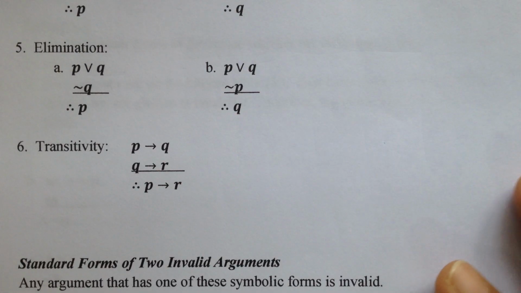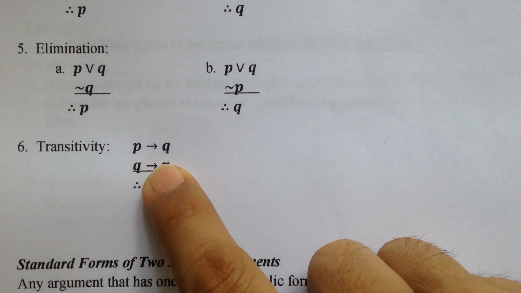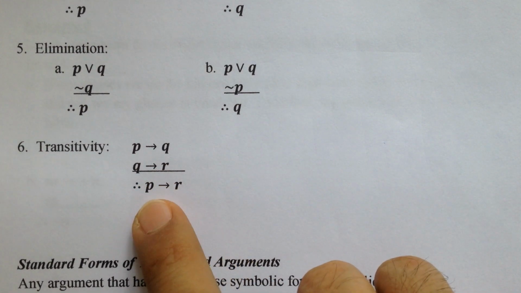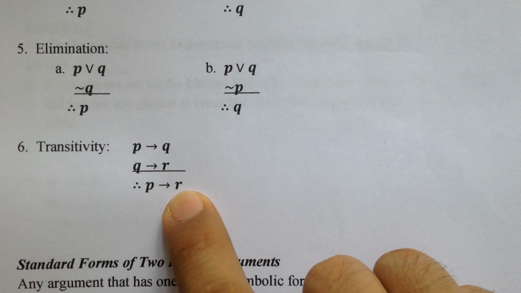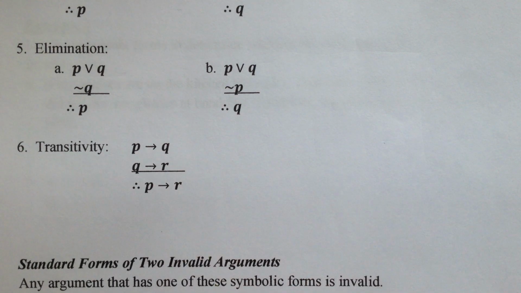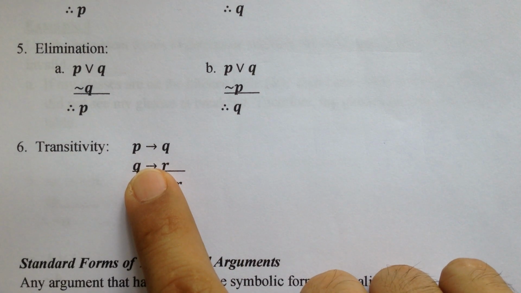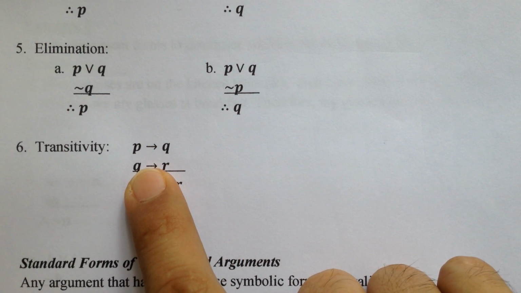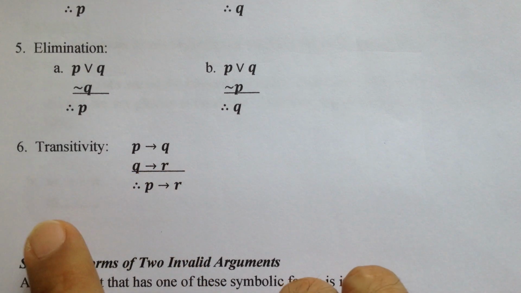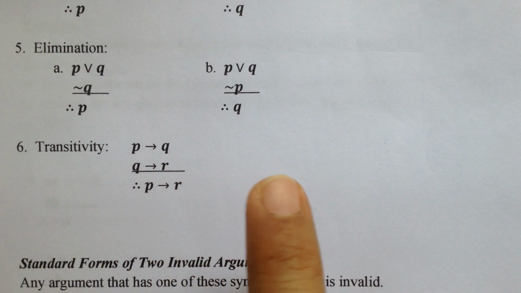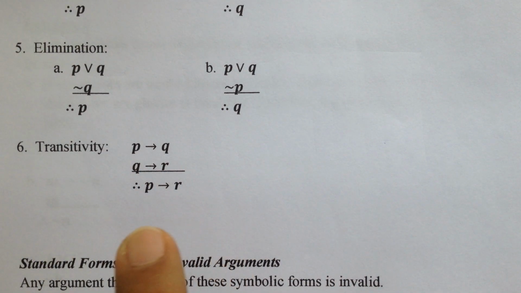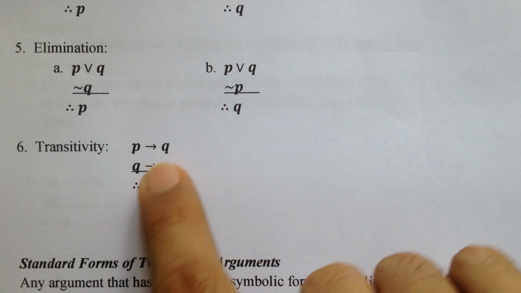And then you have transitivity. P implies Q. Q implies R. Therefore, P implies R. Transitivity is a familiar property from algebra, right? If you remember, you have the transitive property of equality. If A is equal to B, B is equal to C, then therefore A is equal to C. The same is true with this.